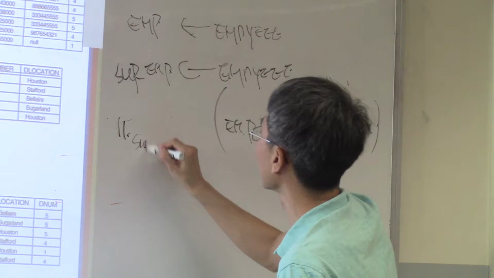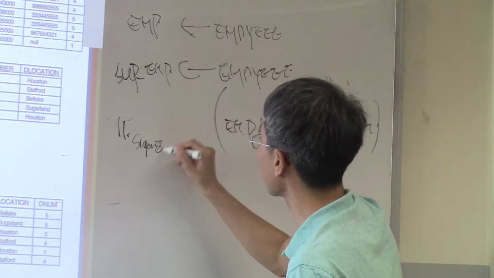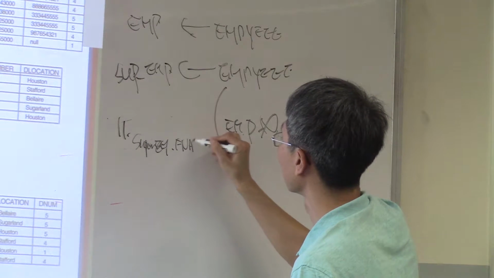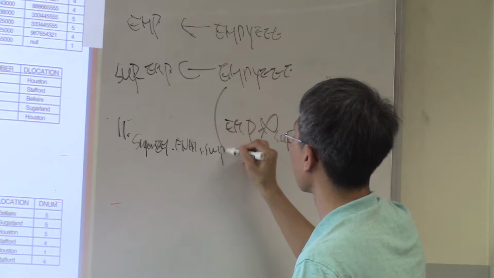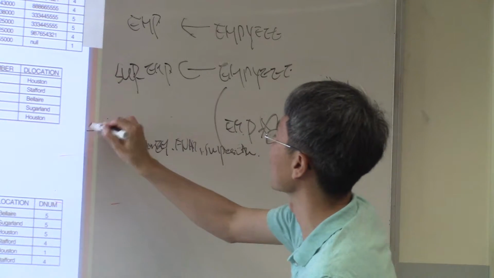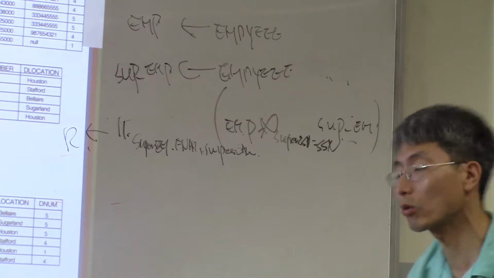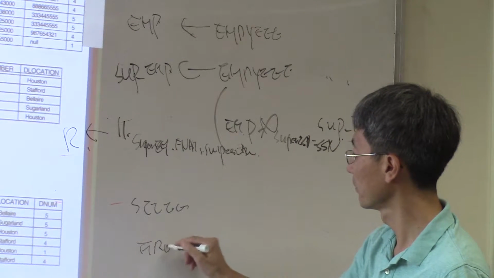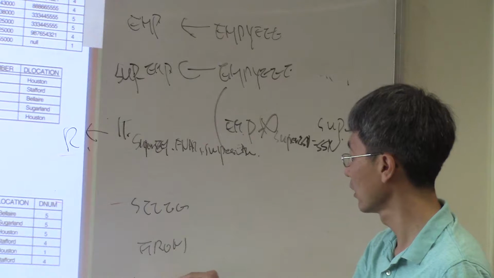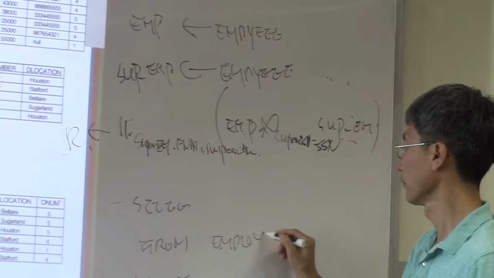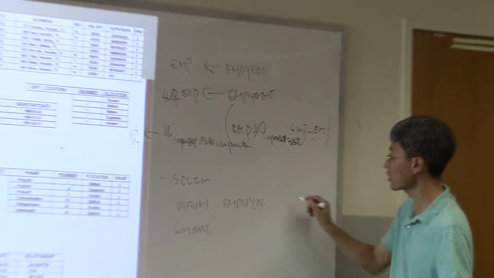So super EMP dot first name, super EMP dot last name. So this is the result. How can we make the SQL? Select, from, where. This is the employee and this is also employee.